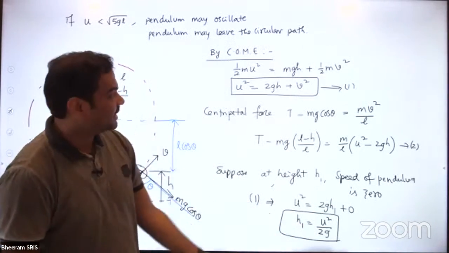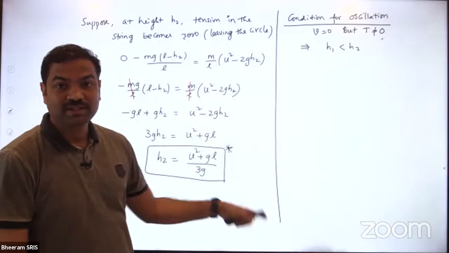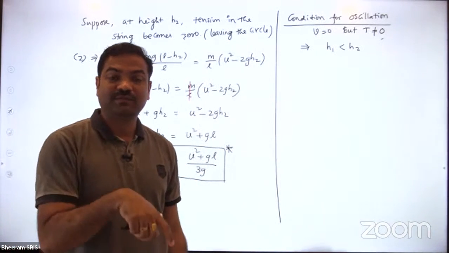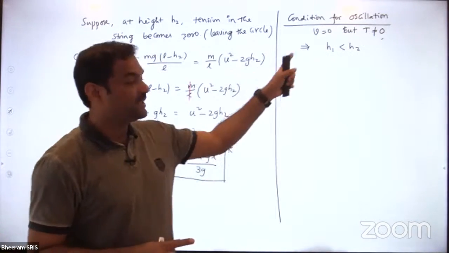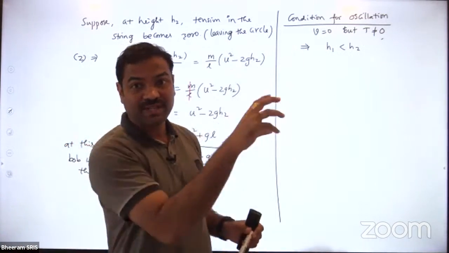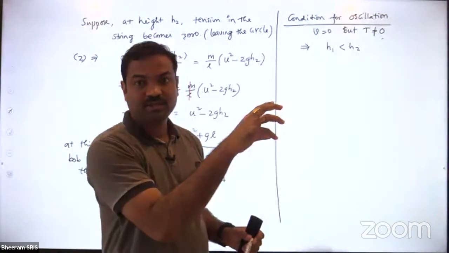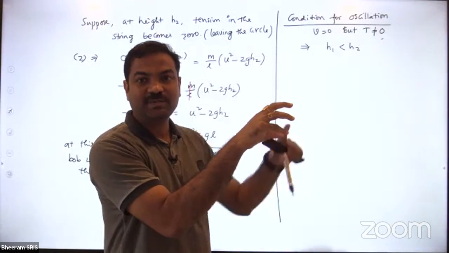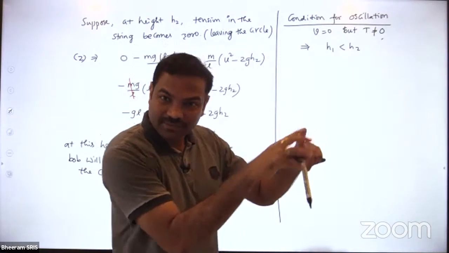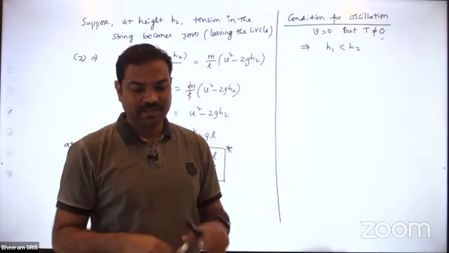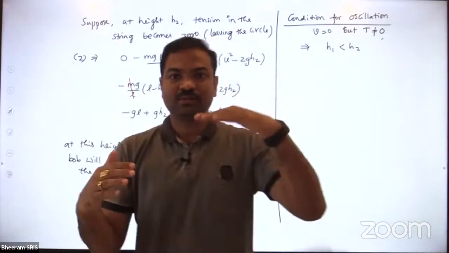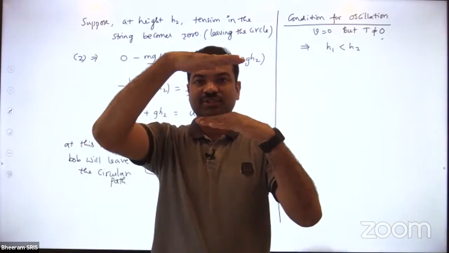If H1 is less than H2, then which height will the pendulum cross first? As H1 is less than H2, pendulum will cross the H1 height first. Once it crosses the H1 height, speed will become zero. Then automatically it has to come back. It cannot go to the H2 height. Understood? Imagine two heights: this is H1 and this is H2.